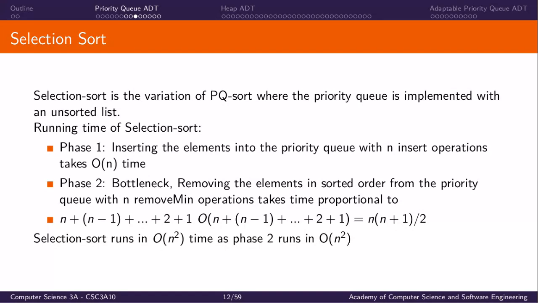That is clearly a quadratic expression. And so we drop lower order terms, we drop constant multiples, we end up with this runs in order n squared time, because phase 1 runs in order n time, phase 2 runs in order n squared time. Overall, we end up with a quadratic function.